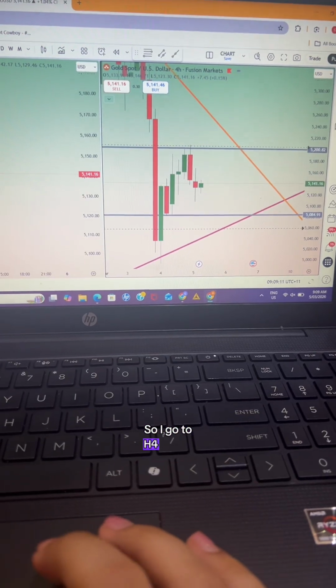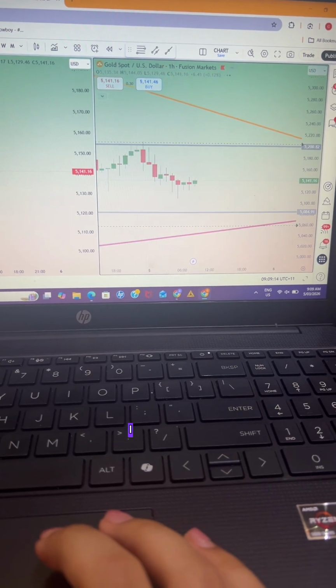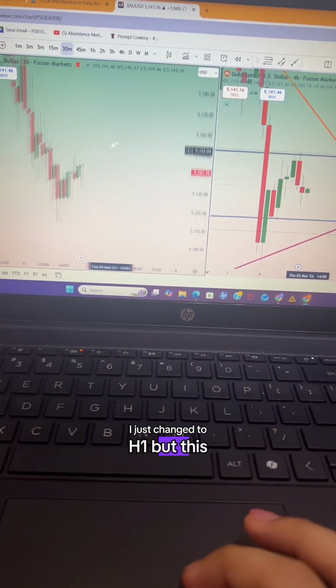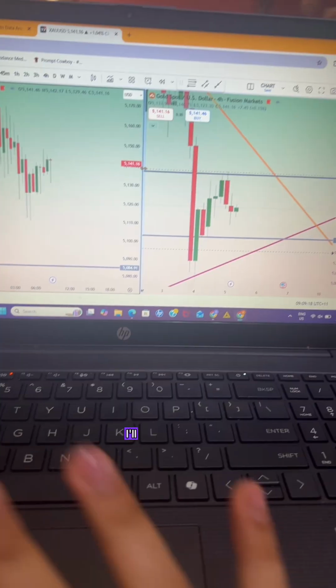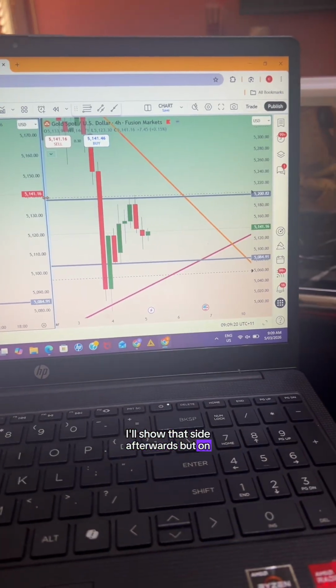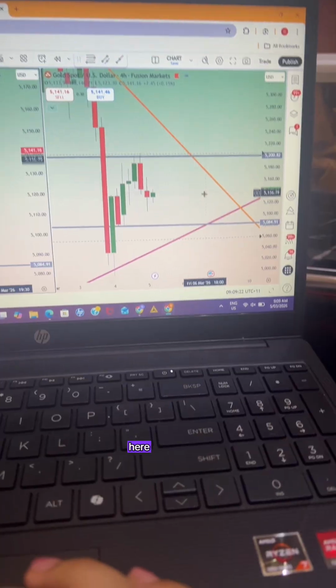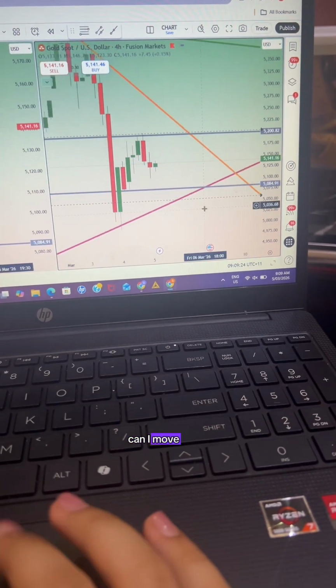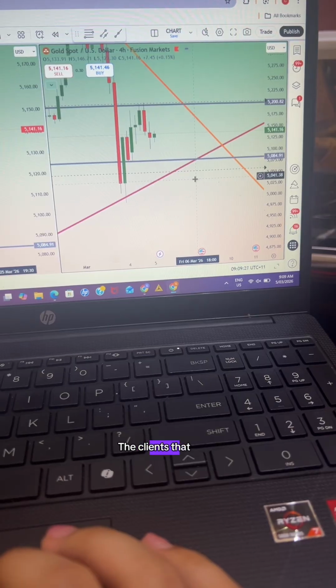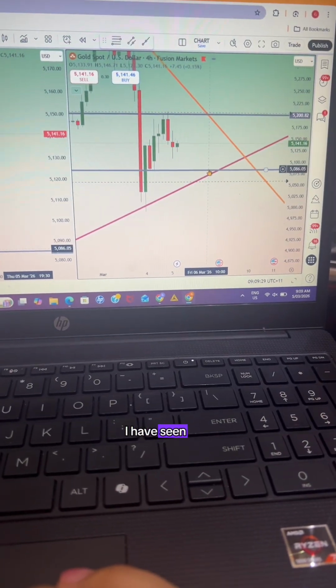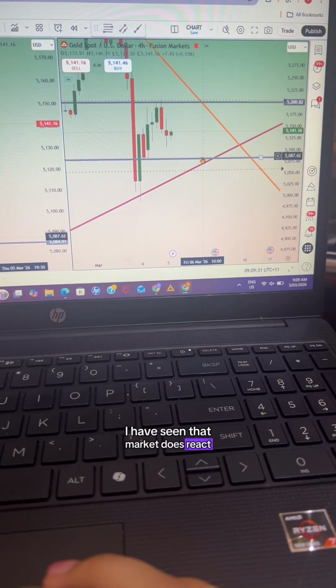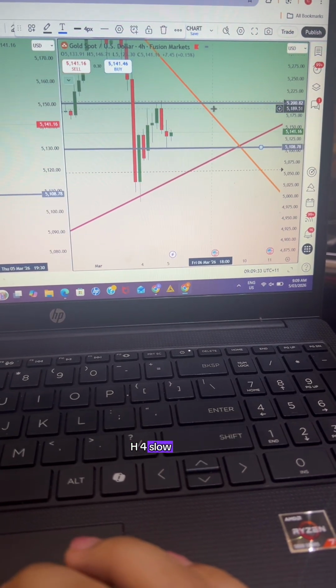I just changed to H1, but this side I have M30. I'll show that side afterwards. On H4 over here, I want to see, can I move those lines closer? I have seen that the market does react to the previous H4's low as well.